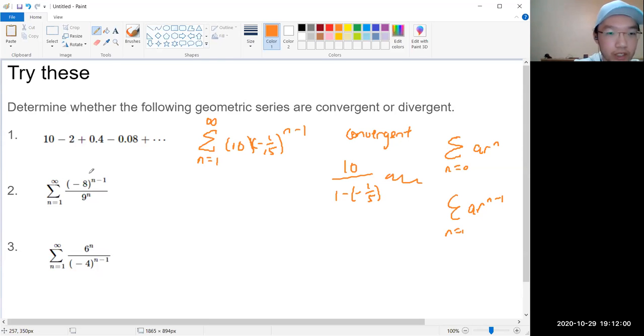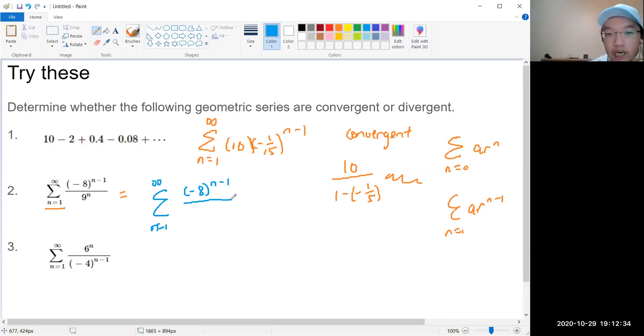All right, let's do number 2. So this one, we had to get it in the form of a geometric series. Because the index starts at 1, we need to have the exponent be n minus 1, right? So the numerator is fine. It's the denominator we need to change. N equals 1 to infinity, -8, and minus 1.